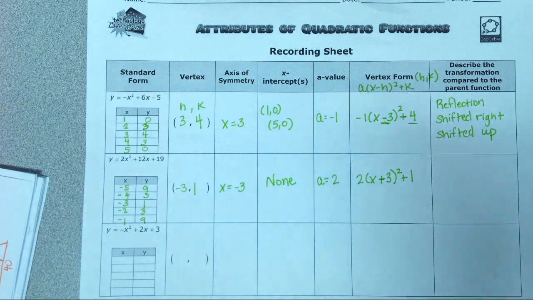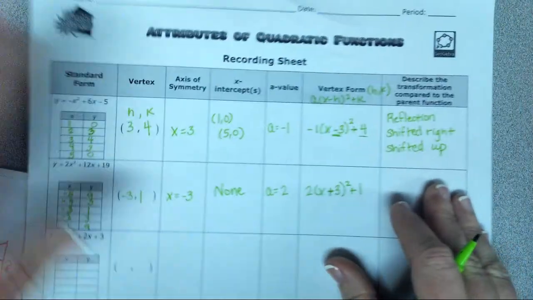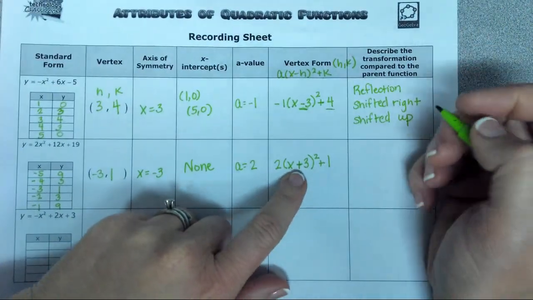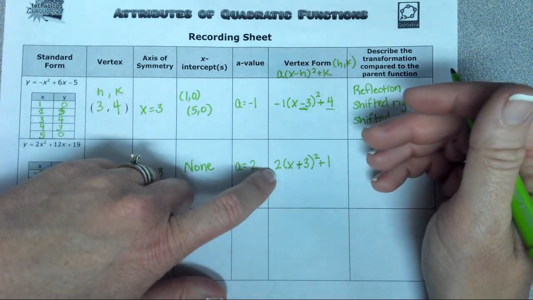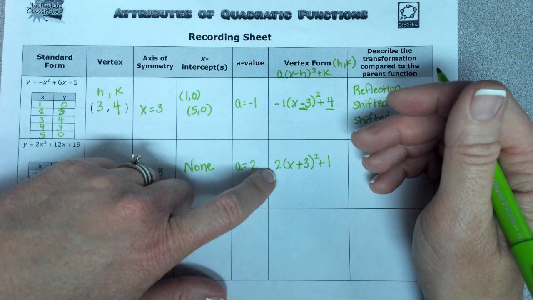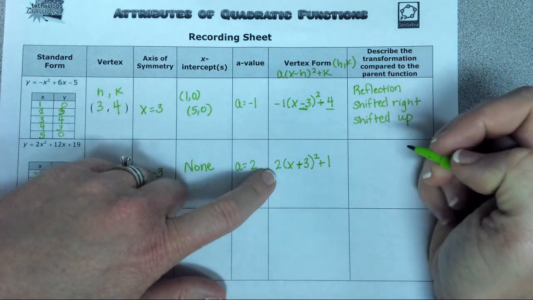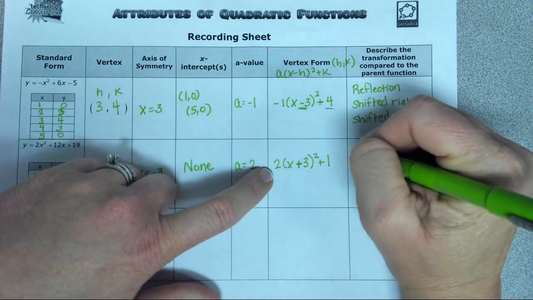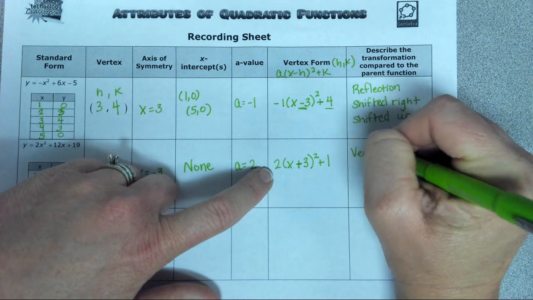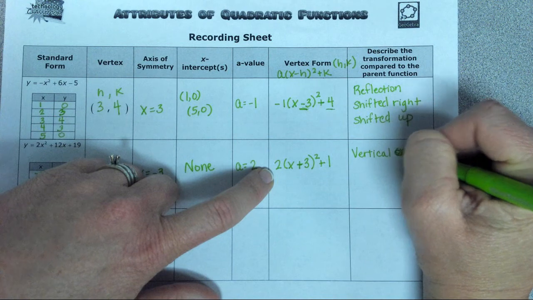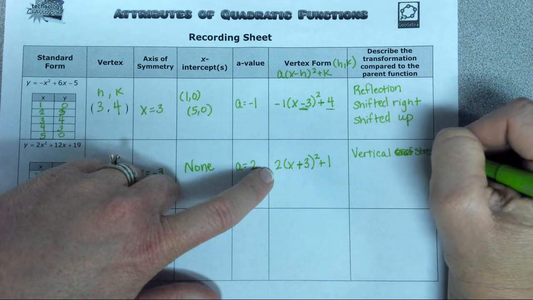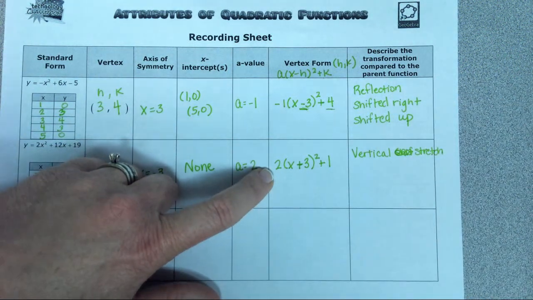Okay, and then instead of looking at the graph, we'll just go ahead and describe it from our vertex form here. So since a is greater than 1, that tells me I have a vertical stretch, because it's getting narrower.